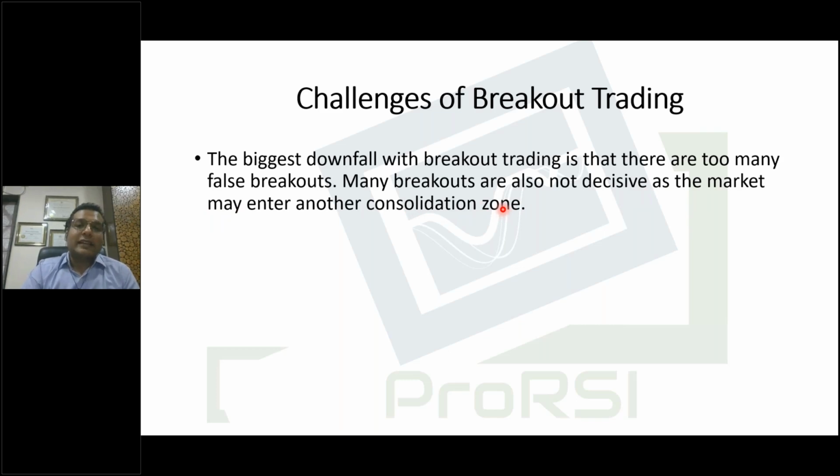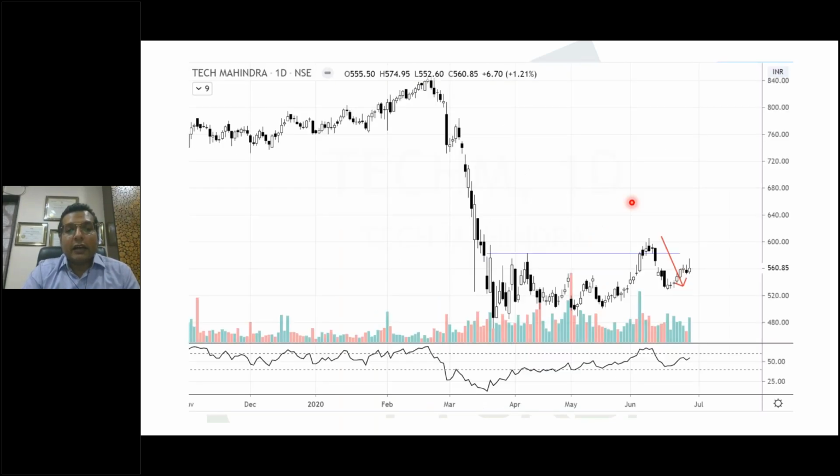So two things generally happen. First, the breakout tends to fail, and second, after the breakout the price does not move in the expected range or at the expected speed, and it consolidates again. These are the two challenges, and today we will try to take care of them.